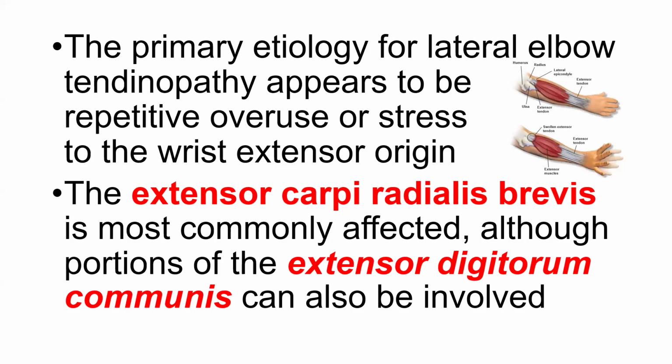The extensor carpi radialis brevis is most commonly affected, and there are some authorities who believe that it is the repeated rubbing of the extensor carpi radialis brevis on the capitellum that causes it, although portions of the extensor digitorum communis can also be involved.